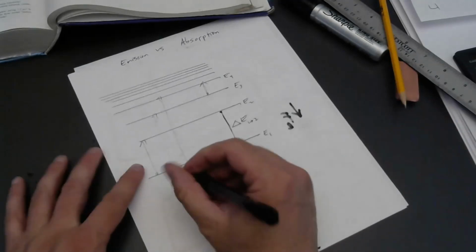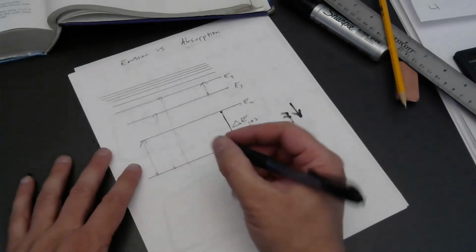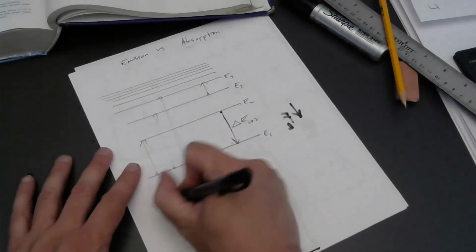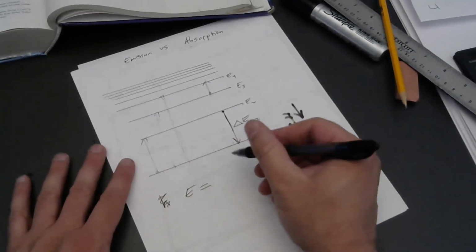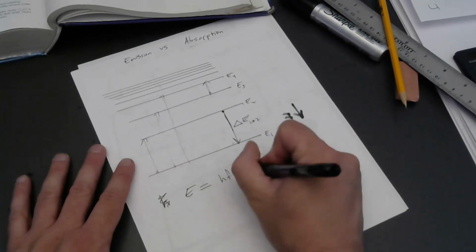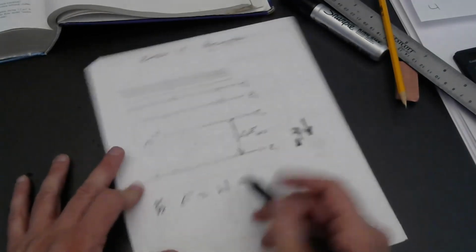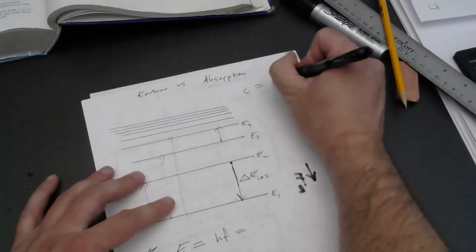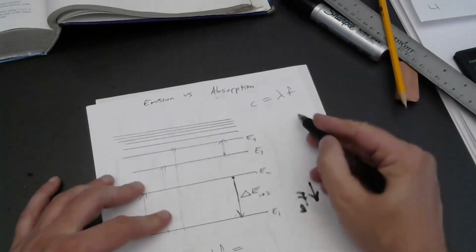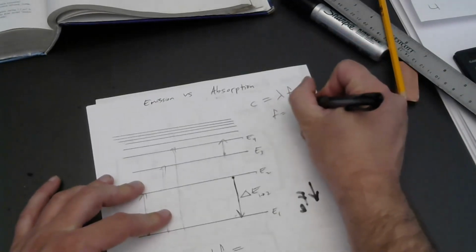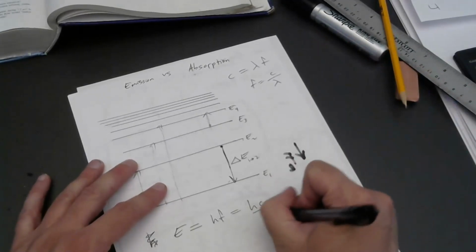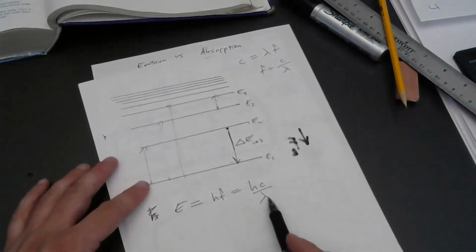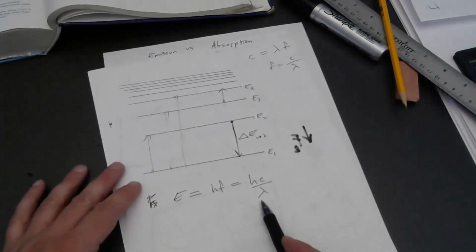And then we use the Planck-Einstein relation, that the energy of a photon is equal to hf. Well, remember, the speed of a wave is wavelength times frequency. So frequency can be written speed of light over lambda, and that's why you can rewrite the energy of a photon in terms of its wavelength. I kind of like doing it that way better.